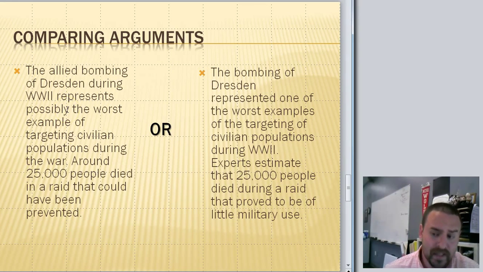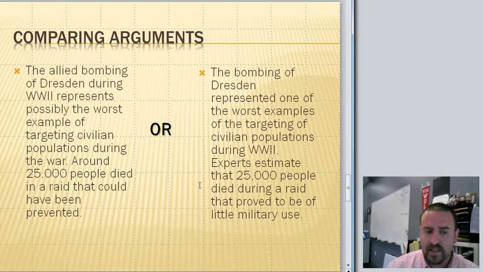It could be on the list, it could not be on the list. I haven't done my research enough to say whether it has or not. They've probably done the same amount of research as this person. This person leaves a little wiggle room, but is very assertive in that it is one of the worst examples of targeting civilian populations.